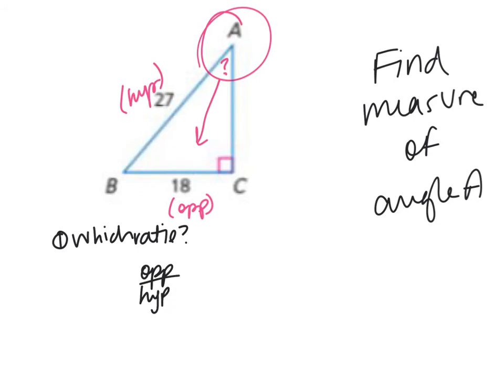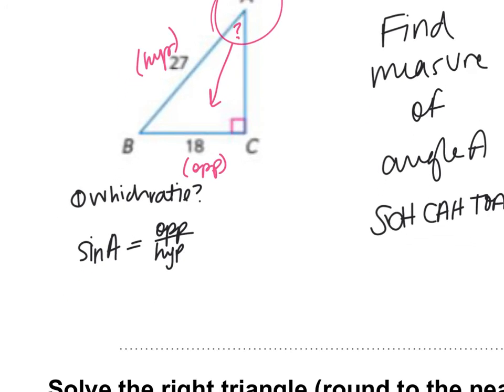All right, and thinking about SOHCAHTOA, that is going to be sine. So sine of angle A will equal opposite over hypotenuse. Okay, so we can say sine A equals 18 over 27. Now once we're here, we still want to figure out what A is, okay?